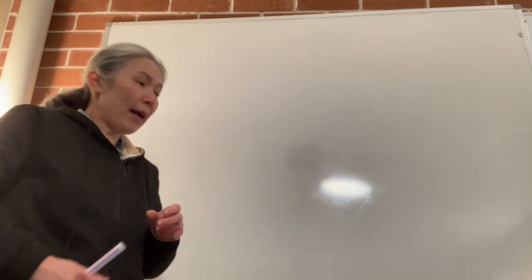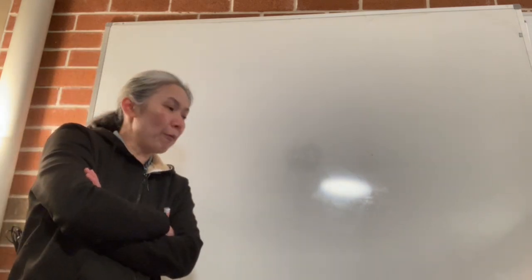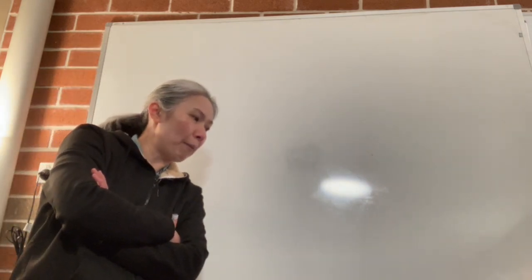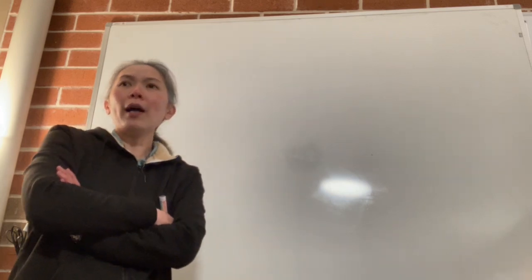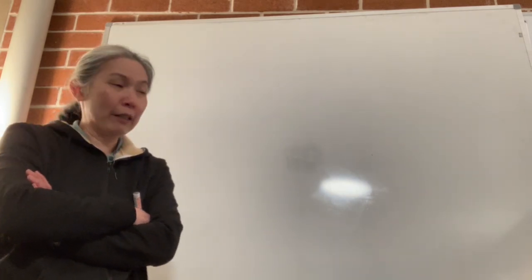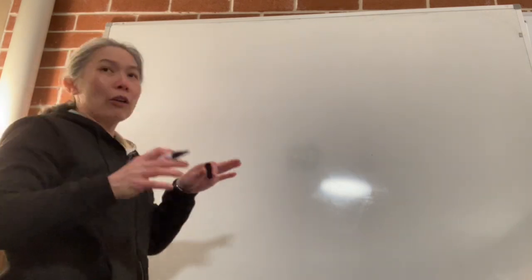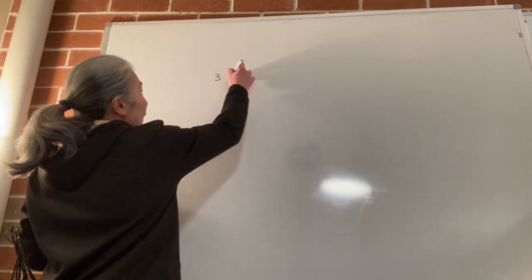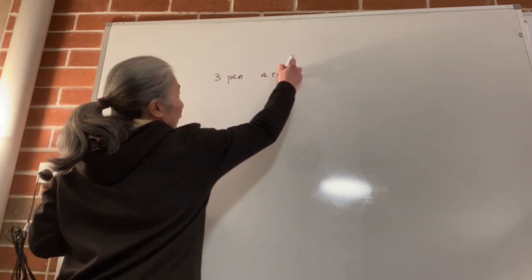We have only 3 minutes left. Let's quickly go through it. Alright, for question 3, what is the information you have? You have 3 pens, 4 rubbers, cost that much. So you are going to talk about the price for the pen and for the rubber. I do not know the cost of the pen. I know I have 3 pens and 4 rubbers.